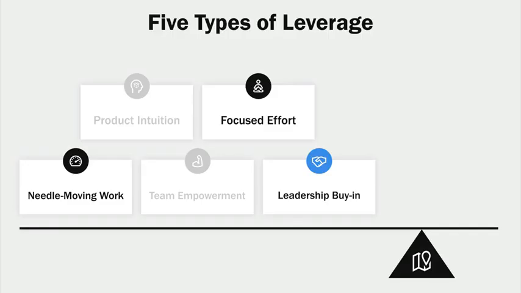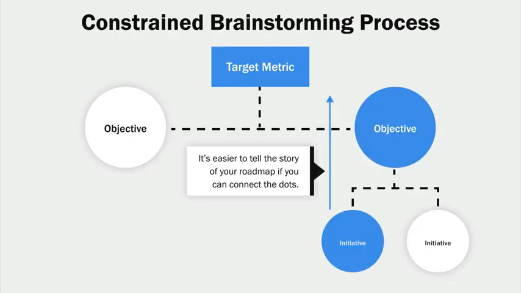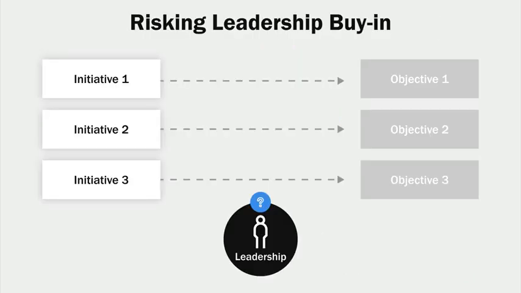It gives you a much clearer and focused story to tell to leadership, making it easier to get their buy-in. Each initiative you implement will be part of a broader set of objectives, which all ladder up to the set of very specific KPIs you want to improve. Contrast this to RICE and voting-based approaches, which are much more likely to have an unfocused roadmap. This makes for an unfocused story to discuss with leadership.